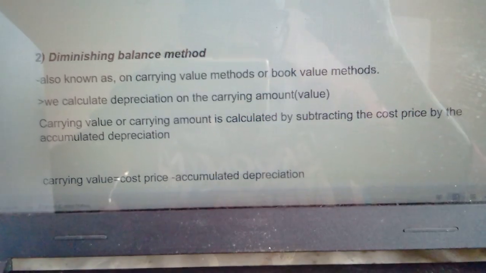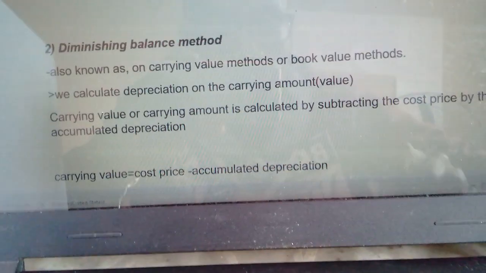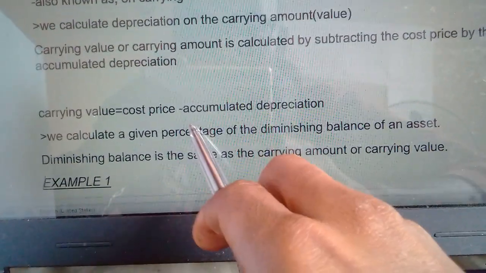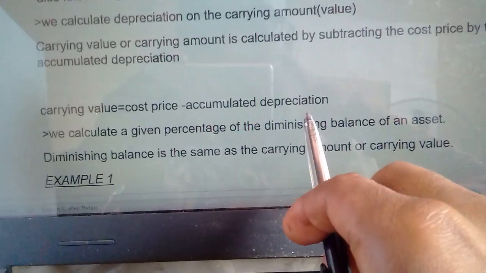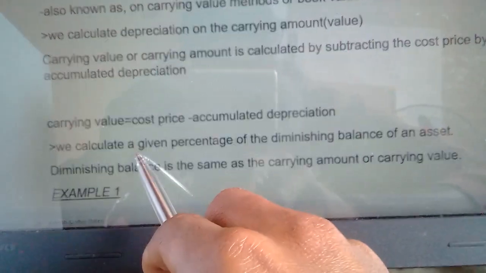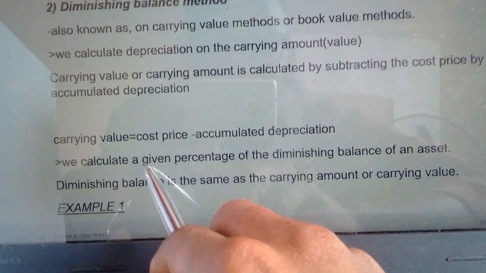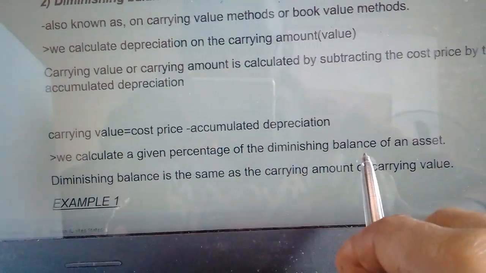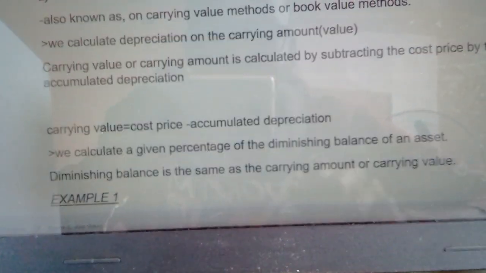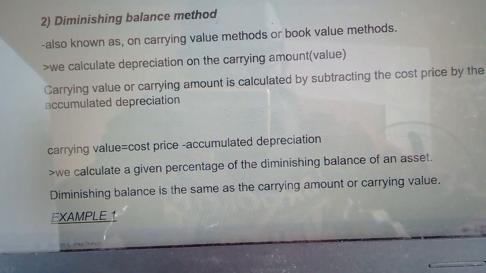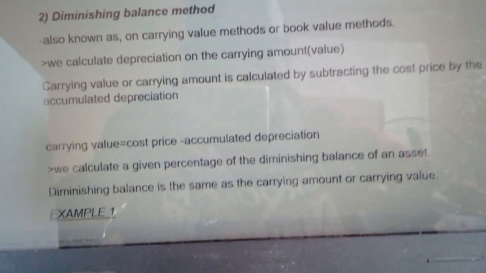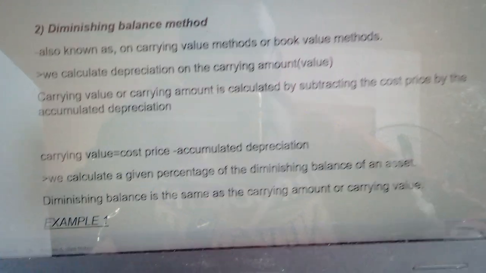It means carrying value is cost price minus accumulated depreciation of the asset. We calculate a given percentage of the diminishing balance of the asset. Diminishing balance is the same as carrying value or carrying amount.